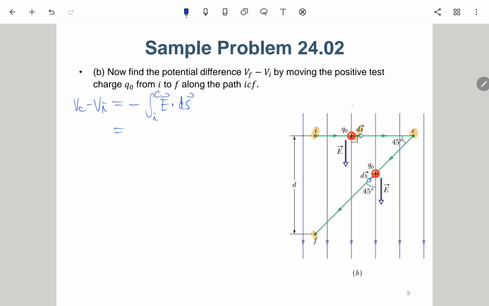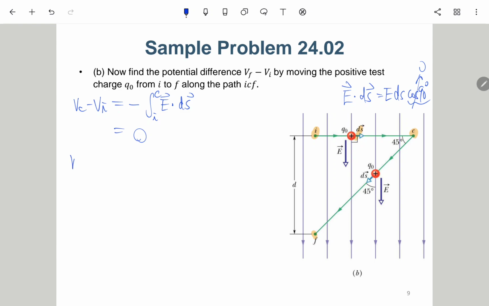So E dot ds is E times ds cosine of 90 degrees. Cosine of 90 degrees is 0, so this is nothing but 0. Negative 0 is 0.